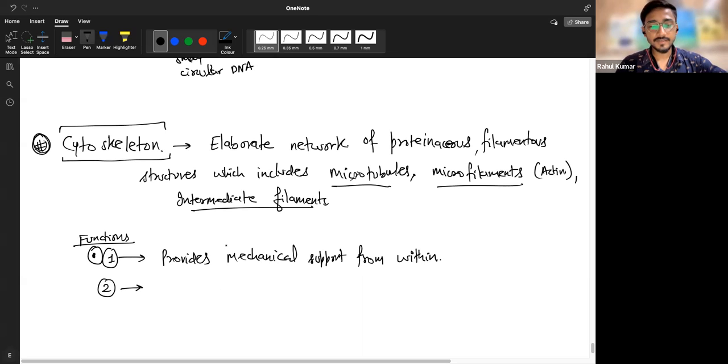So the point is you can go to YouTube and look for cytoskeletal elements or the inner world of cells, things like that. And you will see the way we imagine a cell, that there will be a membrane like a balloon and inside there will be an empty space. It's not like that. A cell does not have empty space.